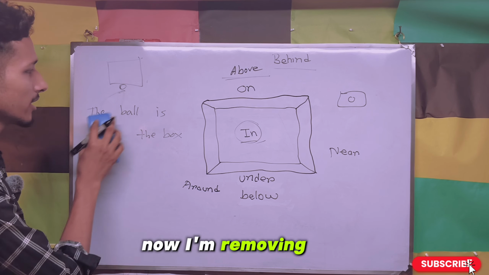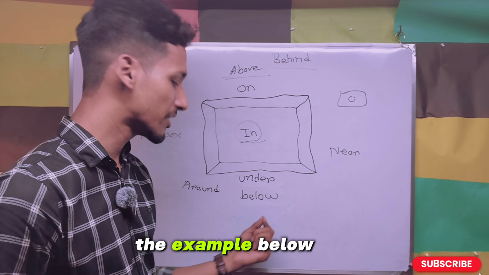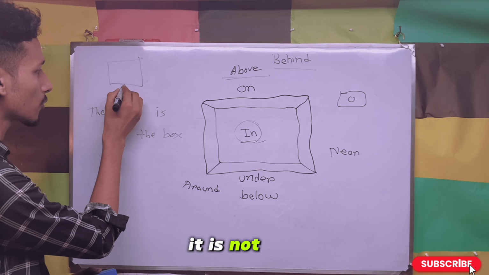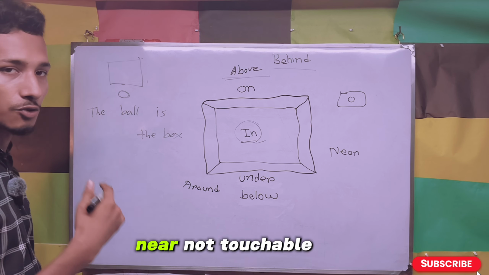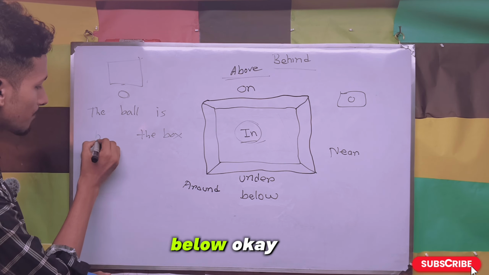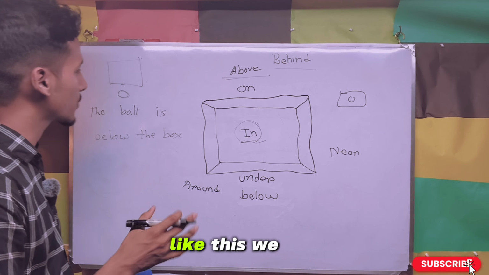Now I am removing it. You understand? Now I am going to give you the example "below". When the ball is here, it is not close to this box, not touchable, we can say below. The ball is below the box, like this we can say.